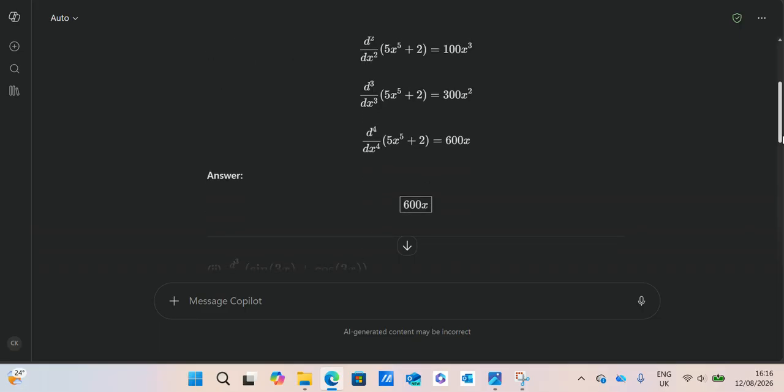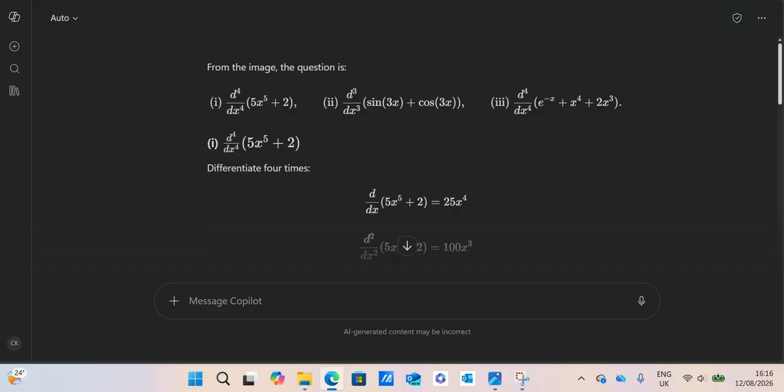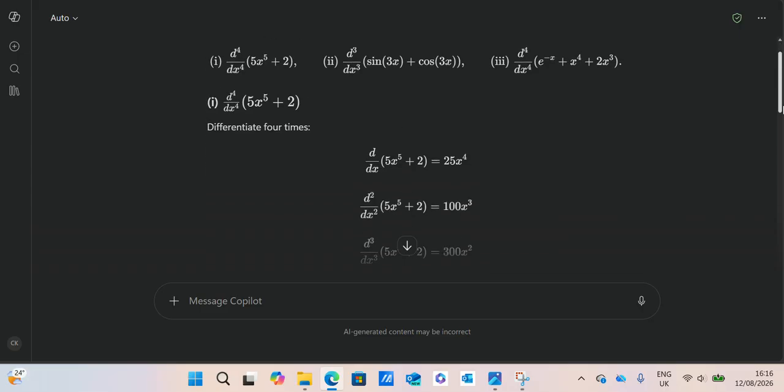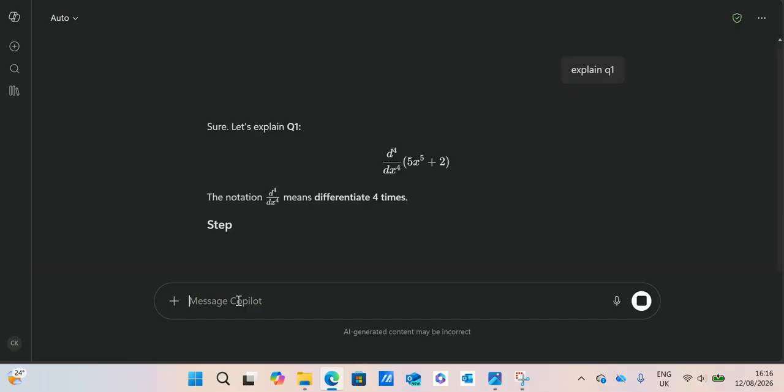Okay. I'm gonna ask it to explain, just because when you start a problem, you have to know what it means from the start. There's no point going in thinking you know what it means and then being surprised.